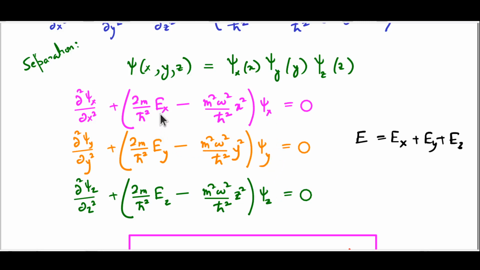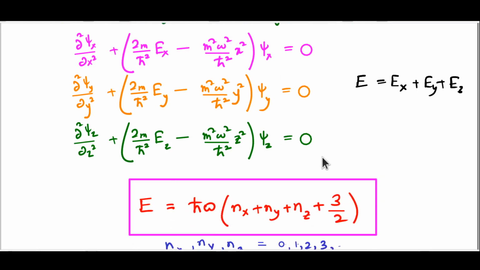The connection between these three separation constants Ex, Ey, Ez and the energy parameter in the Schrödinger equation is easily seen to be just this. So here basically what you have are three independent one-dimensional harmonic oscillators, one for each dimension, and the total energy is actually a sum of the energies of these three independent oscillators.